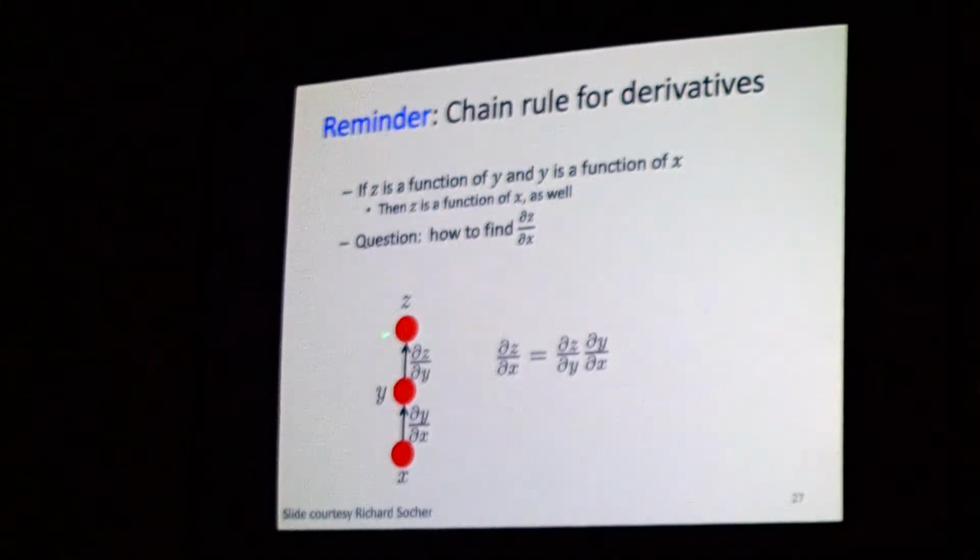On each edge, we can attach a partial derivative, which is the partial derivative of the to-node with respect to the from-node. On the edge indicating the dependency from y to z, we place an intermediate result, which is partial z over partial y. Similarly, on the edge indicating the dependency between x and y, we put partial y over partial x.